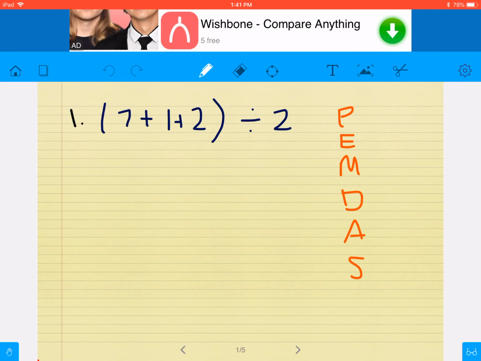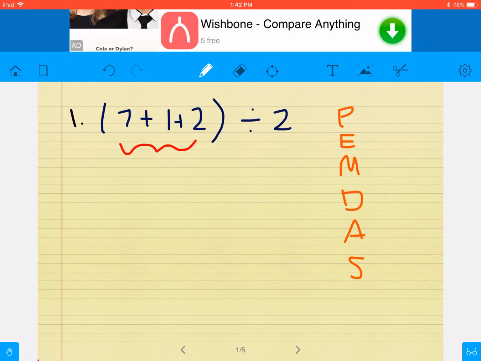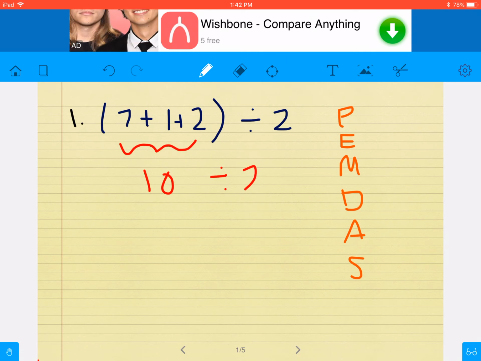So let's go ahead and do this problem. We've got parentheses, 7 plus 1 plus 2, parentheses, divided by 2. We're going to start with our parentheses, which is 7 plus 1 plus 2, which is going to give us 10. And bring down that divided by 2. Going over to the side here, I'm going to check that we have parentheses. Check, and look and see if we have any exponents.